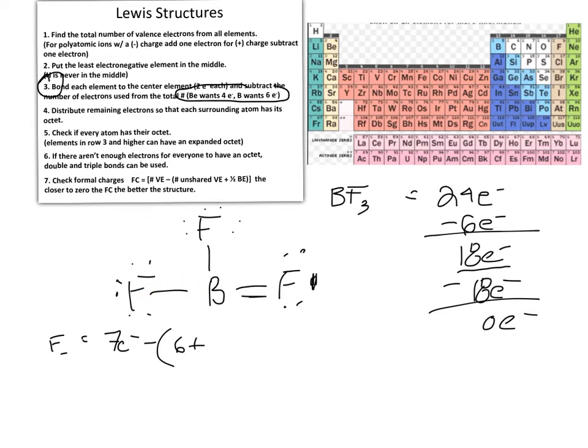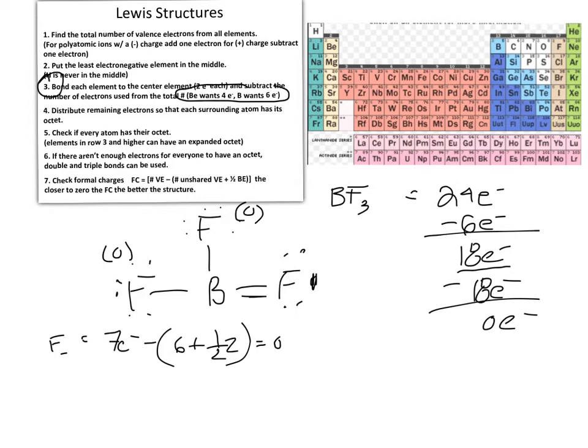There's a single bond, so we're going to have half of 2, because each bond has 2 electrons. So 7 minus 6 plus half of 2 gives us 0. The formal charge on each of these fluorines is 0. So far we're off to a good start. 0 values for our formal charges are good. As close to 0 as possible is what we want.